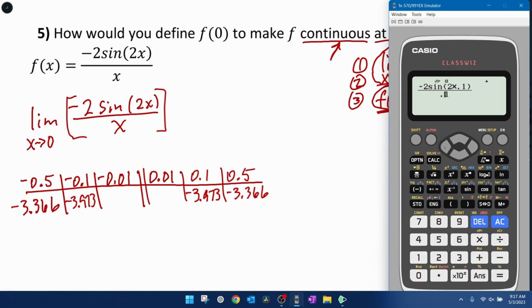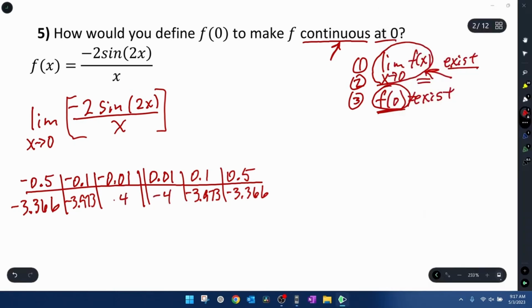Again, simply go back. This time we're going to input a 0 to do our 0.01. That's the positive. Negative 3.997. That's actually going to round to negative 4 if I go to 3 decimal places again. So rounded to 3 decimal places, that would actually be negative 4.